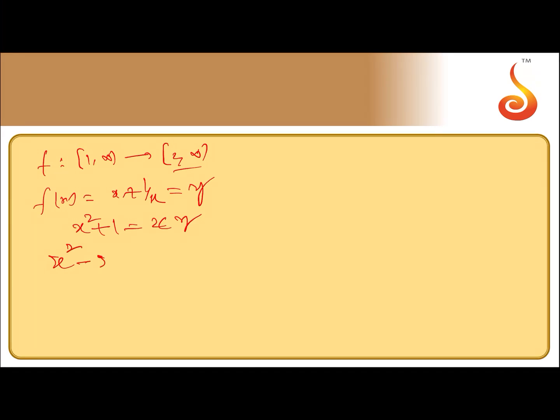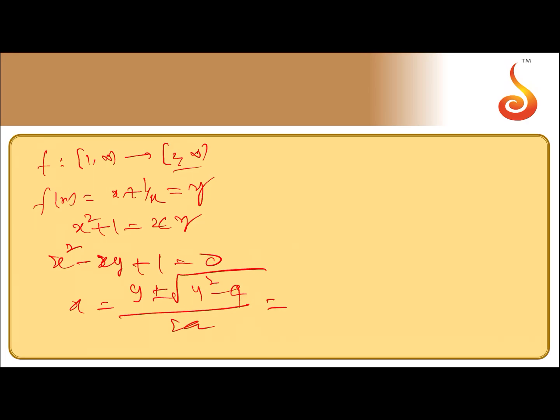Why don't you try and find x in terms of y? x square minus xy plus 1 is equal to 0. Now calculate x in terms of y using minus b plus or minus root over b square minus 4ac divided by 2a. So y plus root over this value, because the range is 2 to infinity and the domain is 1 to infinity.